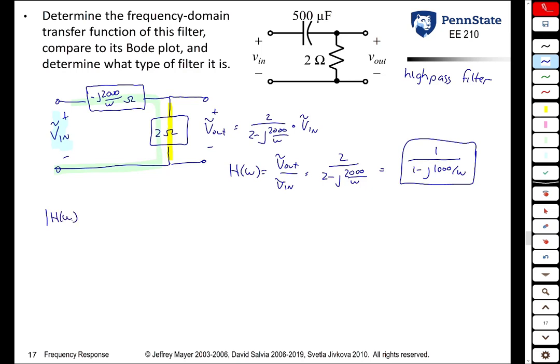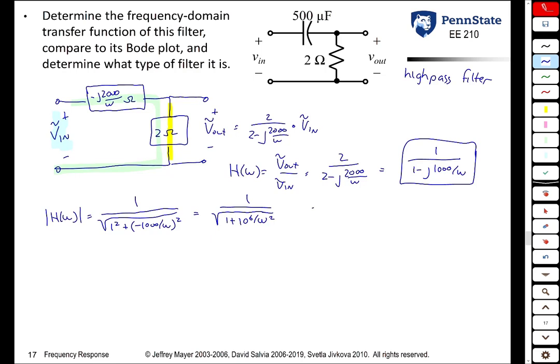Magnitude response. The magnitude of the numerator is just 1. The magnitude of the denominator is the square root of the real part squared plus the imaginary part squared. The imaginary part is minus 1000 over omega squared. You work out the math. It's 1 over the square root of 1 plus 10 to the 6th over omega squared.